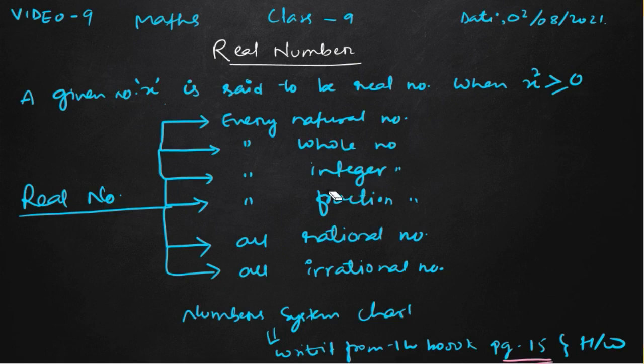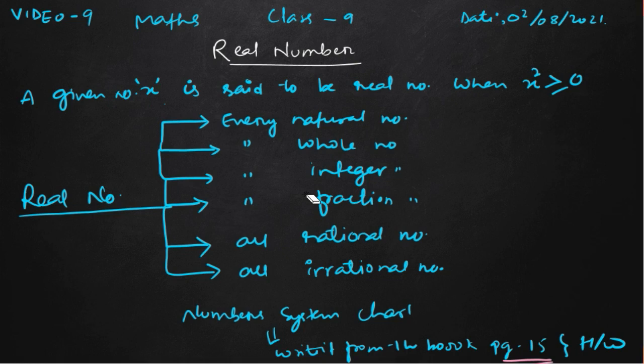In rational numbers we again have two parts, integers and non-integers. Integers are all the natural numbers, all the negatives of natural numbers, and 0. In non-integers we have two types, fractions and decimals.